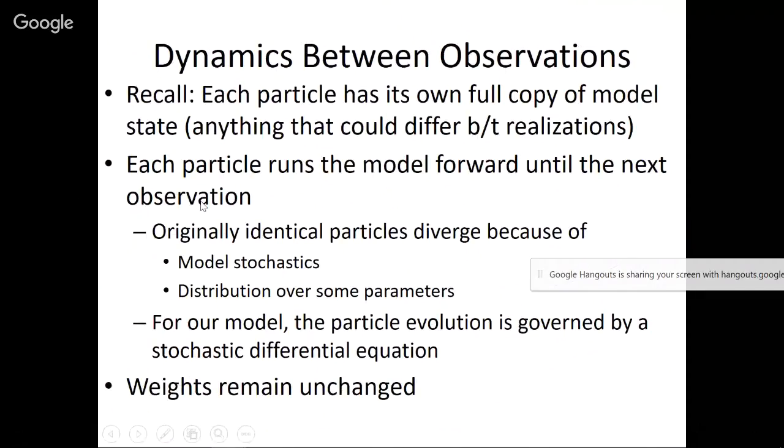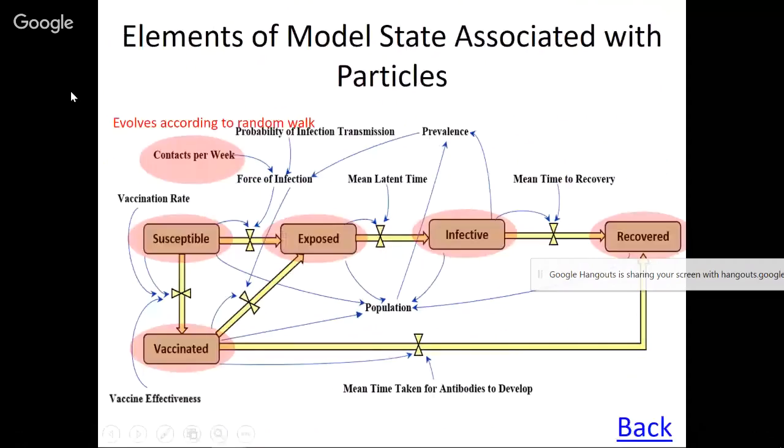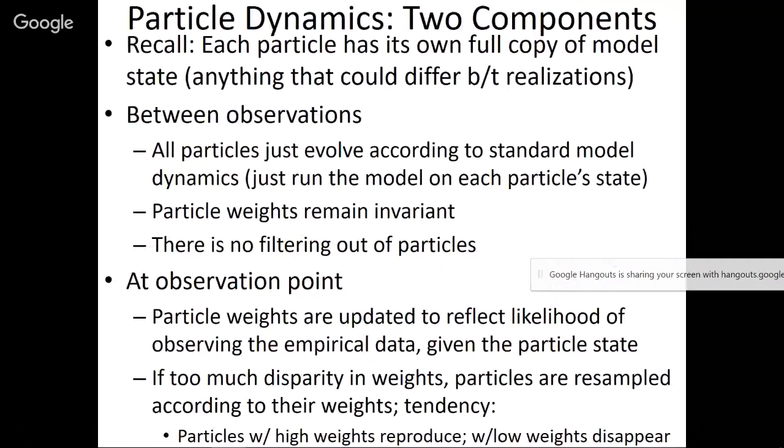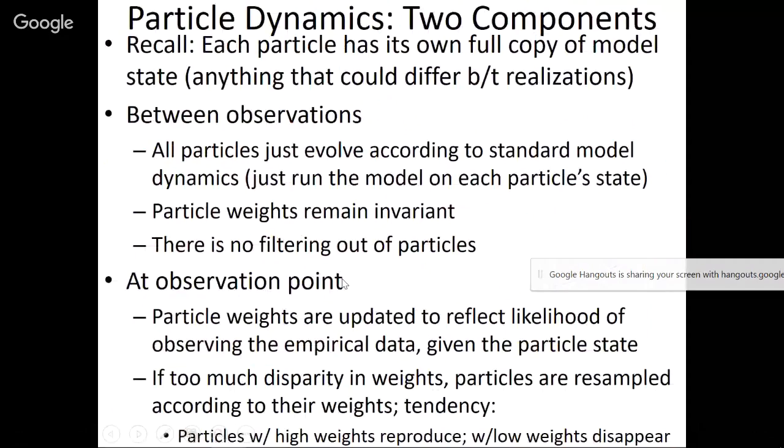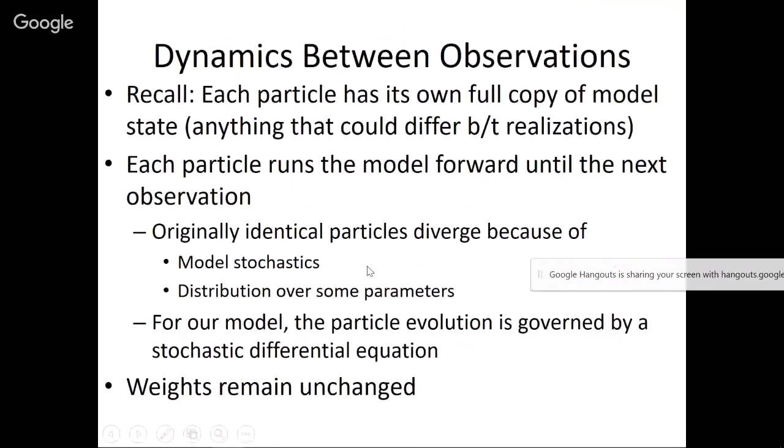Each particle runs the model forward until the next observation. Given the values of each of these state variables posited by that particle after the last observation, it will just run forward the equations for this model till the next observation. The particle weights remain invariant. There's no filtering point.